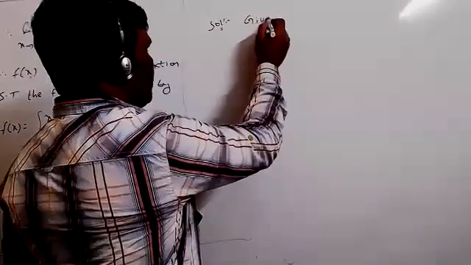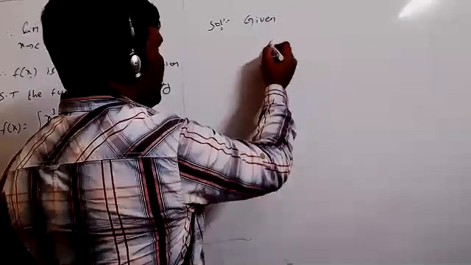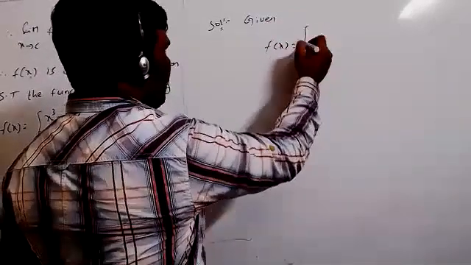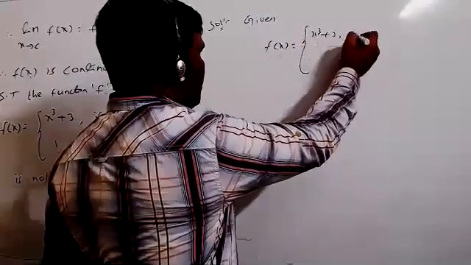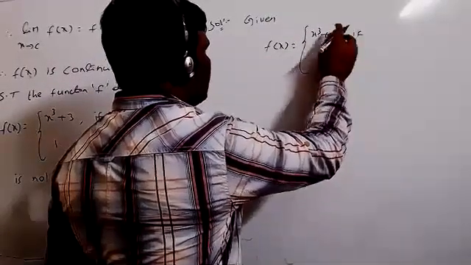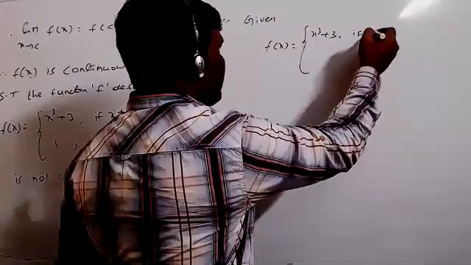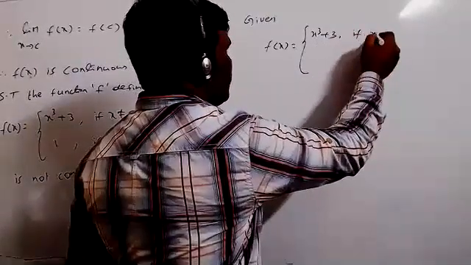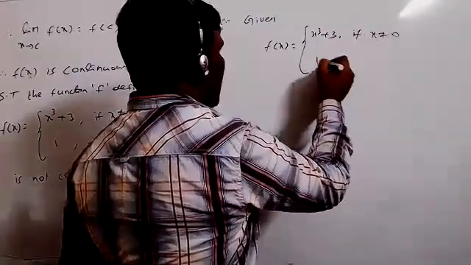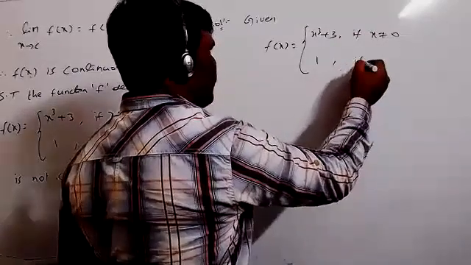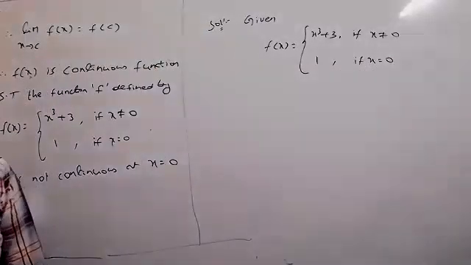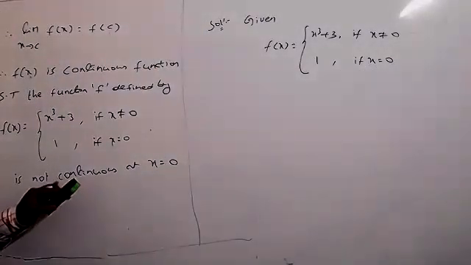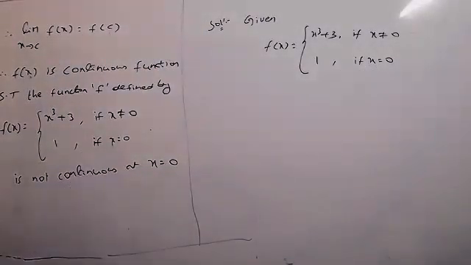So given f of x equals x cube plus 3 if x not equal to 0, and 1 if x equal to 0. This is the given function. But we have to show that it is not continuous at x equal to 0.